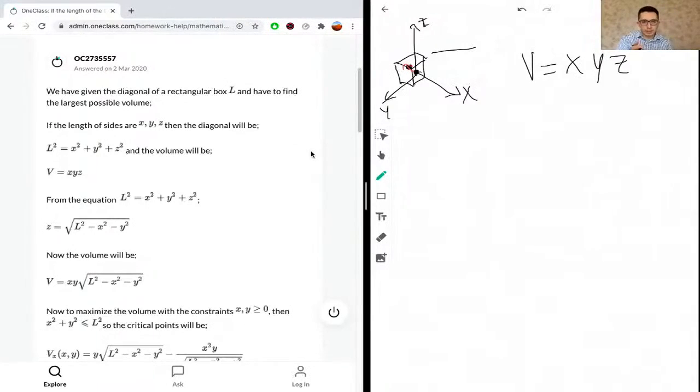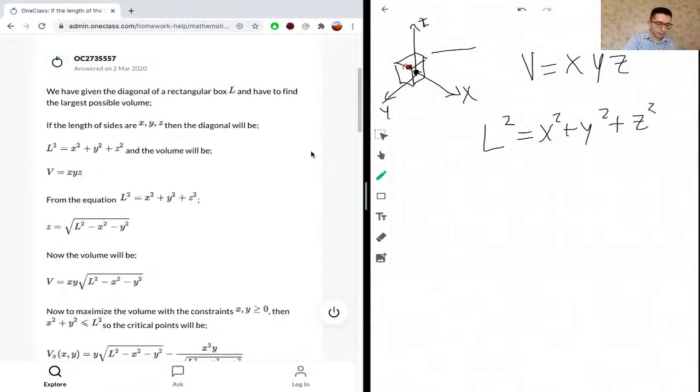So this is just each length of the box multiplied together to give you the volume. And then the length L for any point in space from the origin, here the red line, follows the format L squared is equal to x squared plus y squared plus z squared.